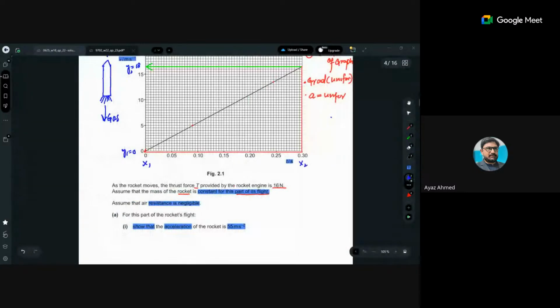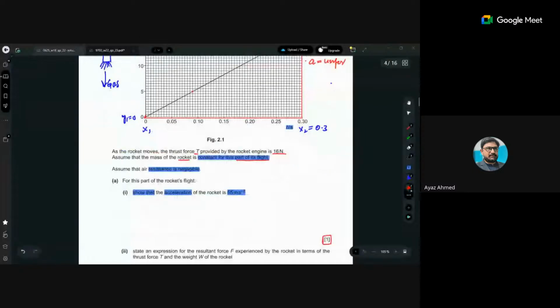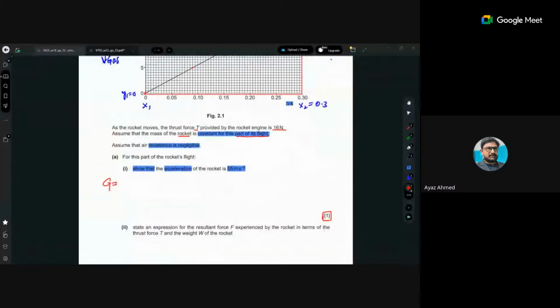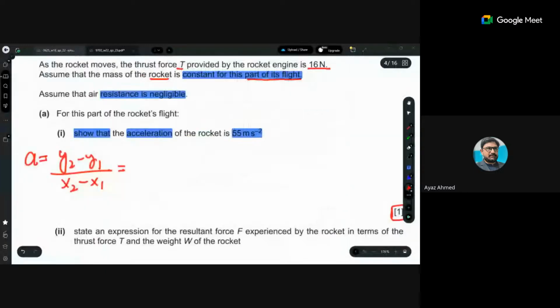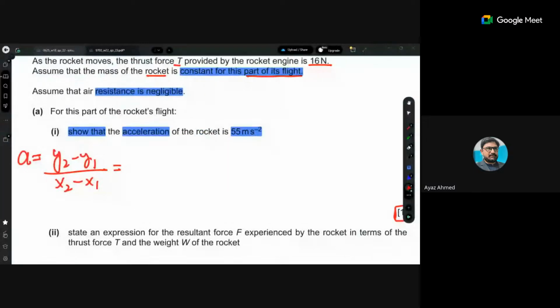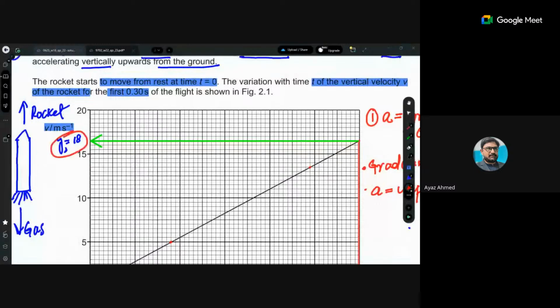ग्रेडियंट आपके पास कितना हो जाएगा? ग्रेडियंट को कैलकुलेट करने के लिए we just put that gradient is equal, sorry, acceleration is equal to, because he is talking about acceleration, so acceleration is equals to y2 minus y1 divided by x2 minus x1. So here we go. आपके पास y2, I told you y2 is 18 meter per second and y1 is 0.